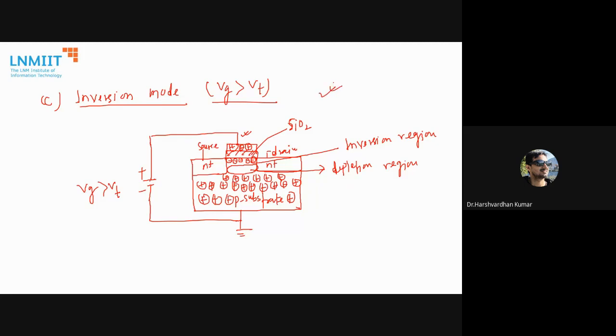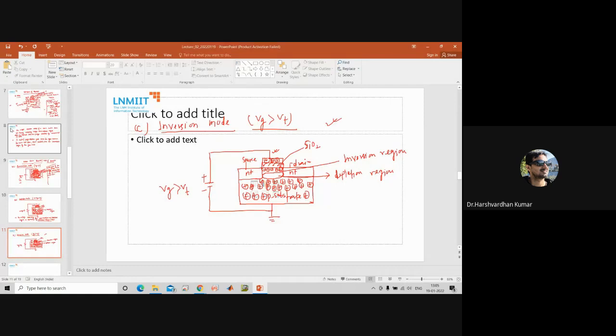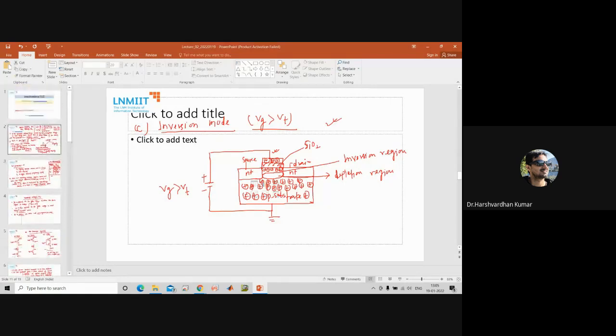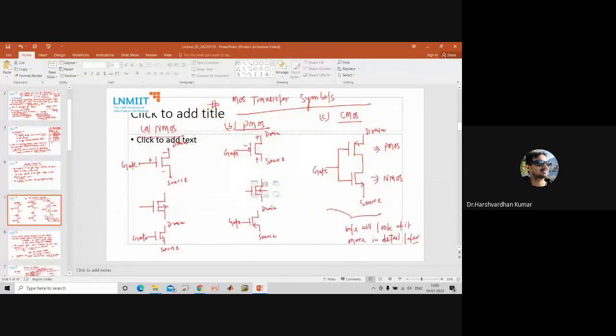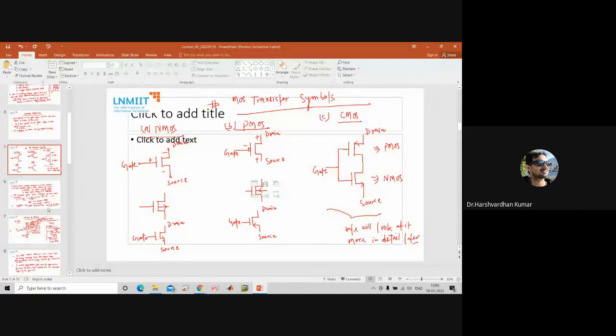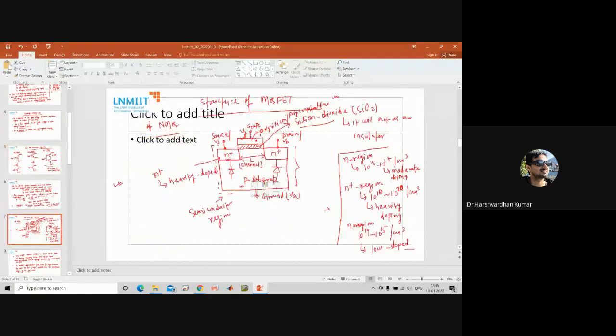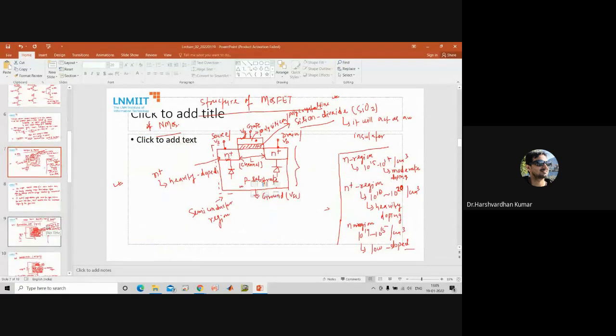Any doubt? Let us quickly revise what we have studied today. We have studied the basic fundamentals of MOSFET, the types of MOSFET, the symbols of MOS transistors, the structural details of the MOSFET and the modes of the MOSFET.